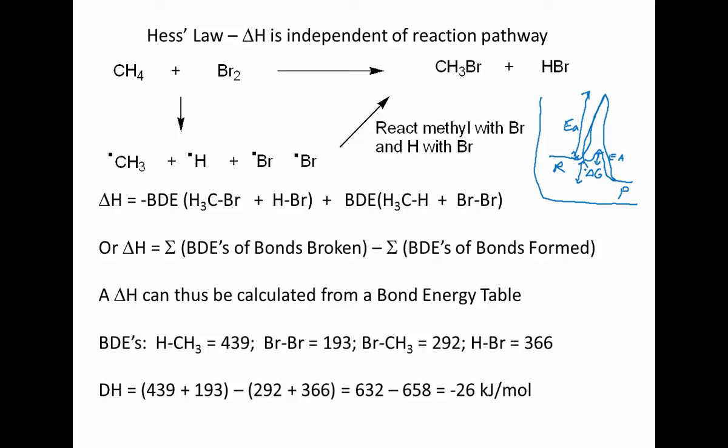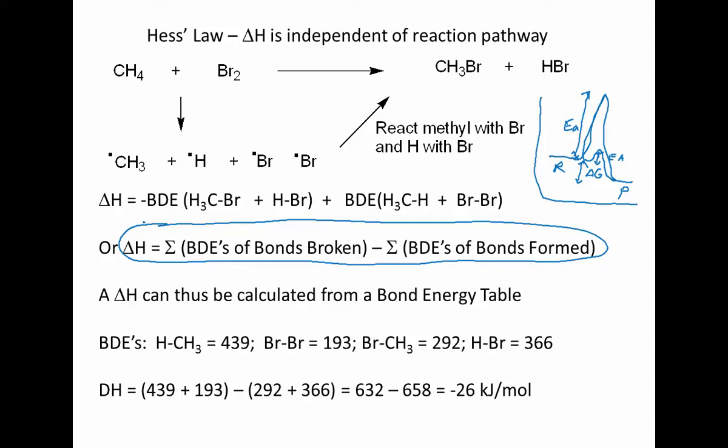So we can now make this equation where delta H would be the negative bond dissociation energy of the bonds that we make, and the positive bond dissociation energies of the bonds that we break. So we have this important equation that delta H equals the sum of the bond dissociation energies for the bonds that we break minus the sum of the bond dissociation energies for the bonds that we form. And as long as we have a bond energy table, we can calculate delta H pretty effectively.